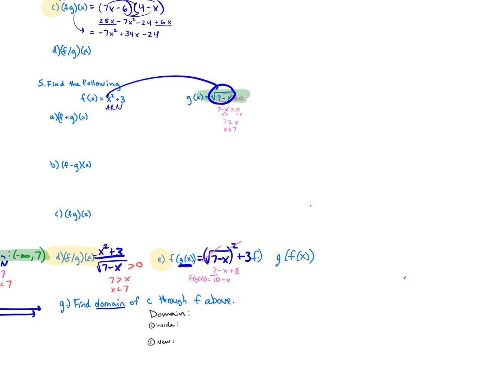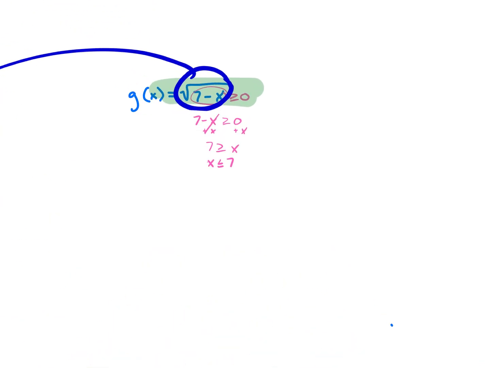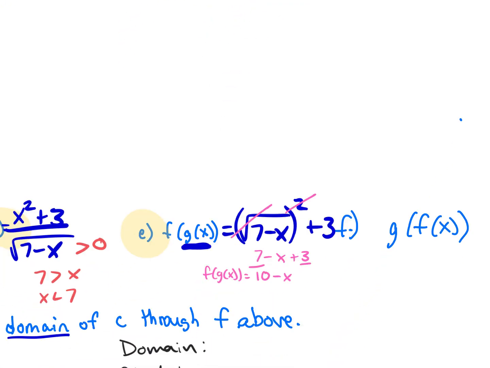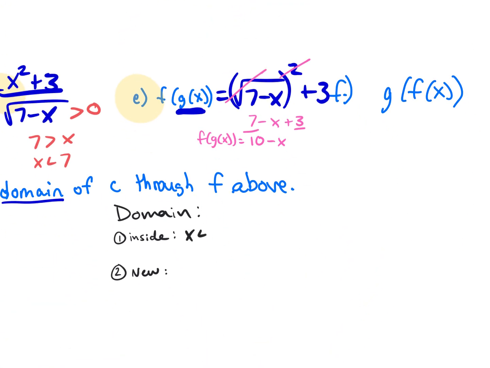So let's check the inside. Which one was on the inside? G of x. We already found our domain for g of x. What was it? X is less than 7. Perfect. Less than or equal to 7. So if we put that on a number line, we'd have less than or equal to 7. Now let's find the domain of our new function.